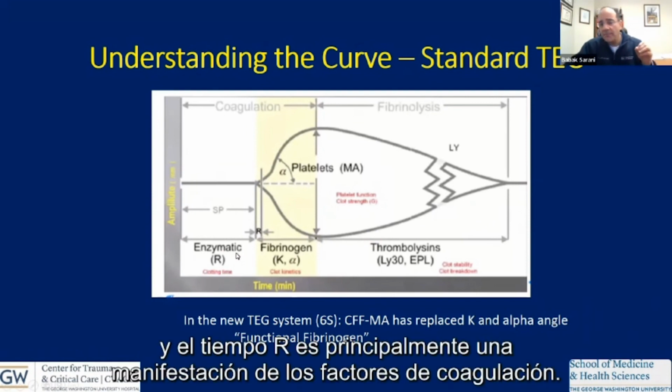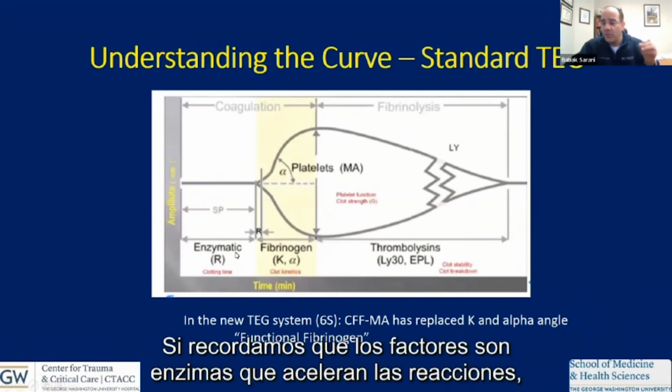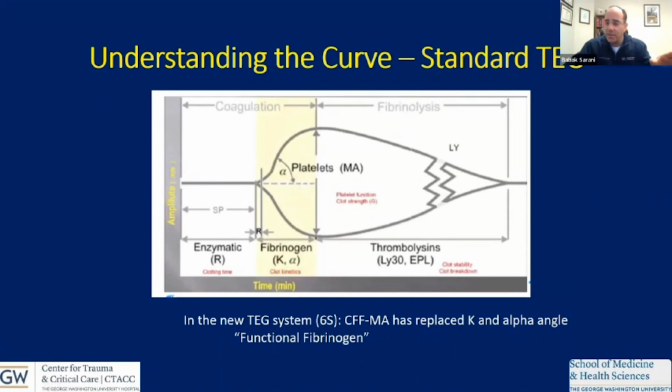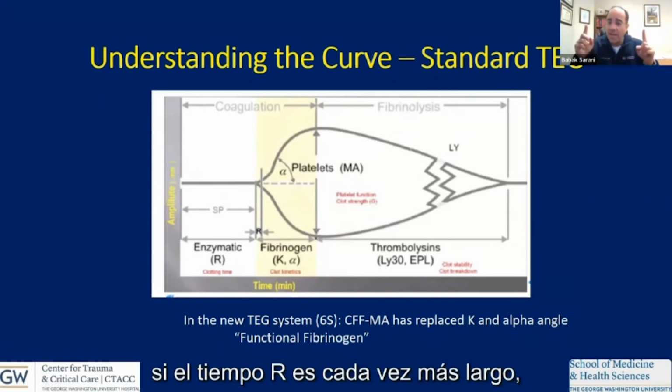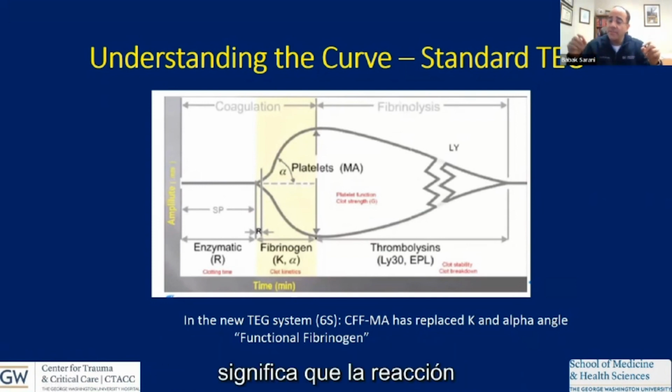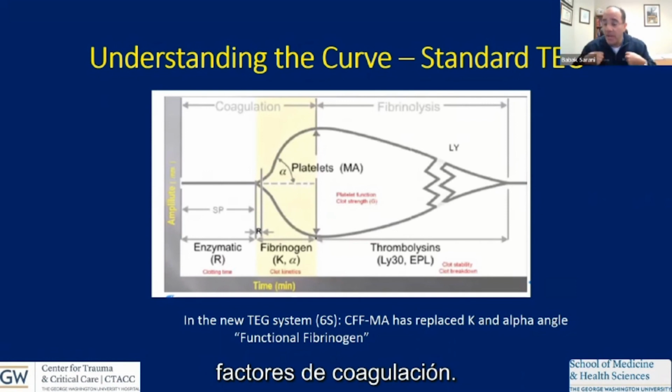And the R time is mostly a manifestation of your coagulation factors. If you remember that the factors are enzymes that speed up reactions, then if the R time gets longer and longer and longer, that means that the reaction is going slower and slower and slower. And basically the patient needs coagulation factors. In our world, we would give the person plasma, which has all the coagulation factors.